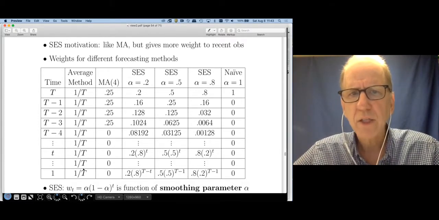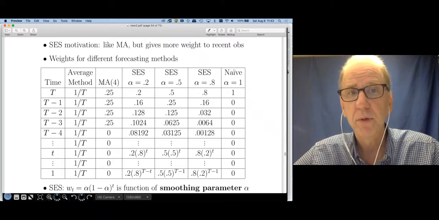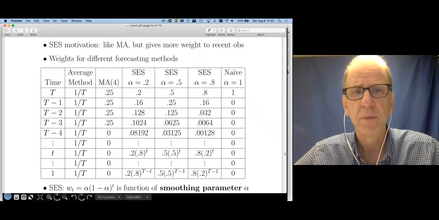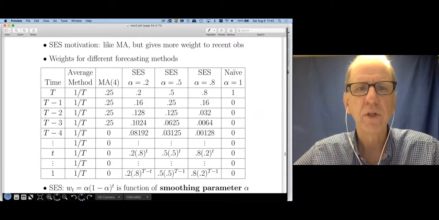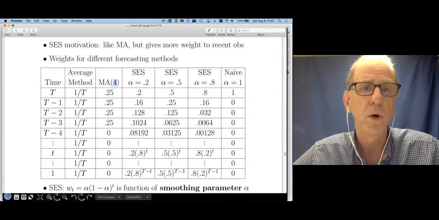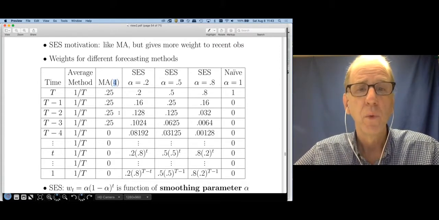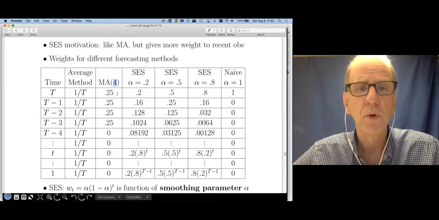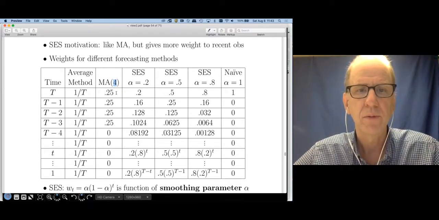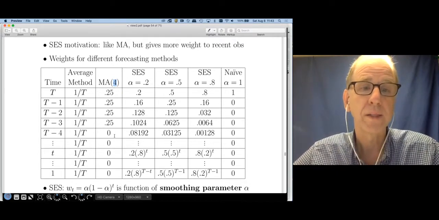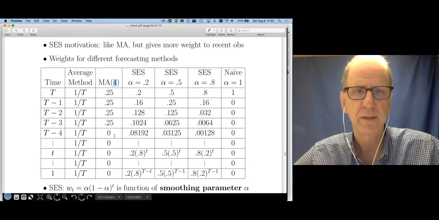Now, last week we talked about simple moving averages, and so the moving average forecast of order 4 would simply say we're going to average the 4 most recent values and give no weight to anything that happened prior to that.